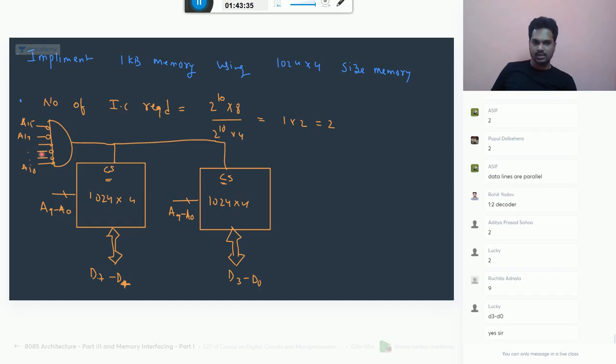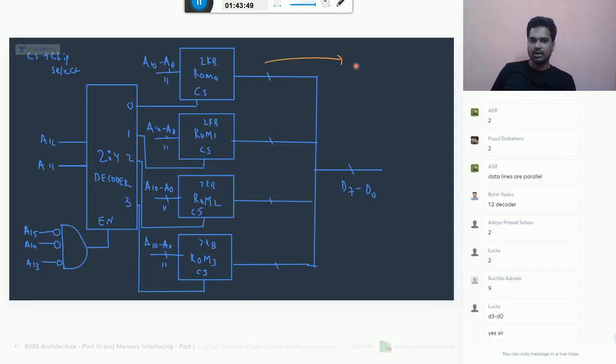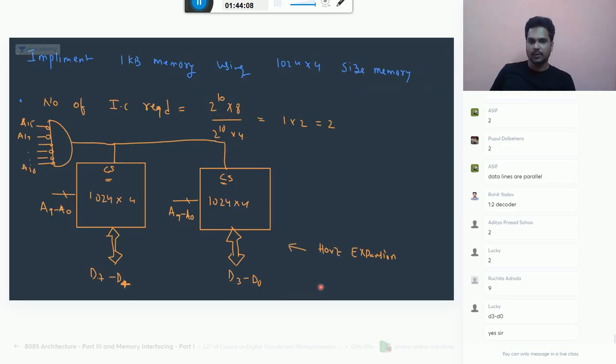Now listen here. This is called horizontal expansion, and the previous case is called vertical expansion. Here the data bus is divided, while the address bus is common.